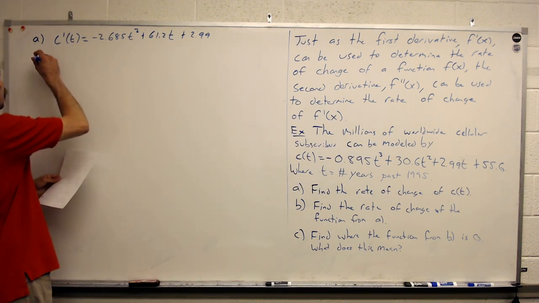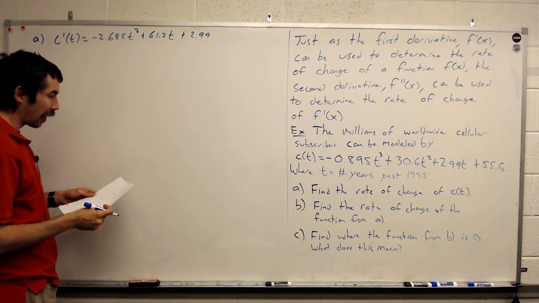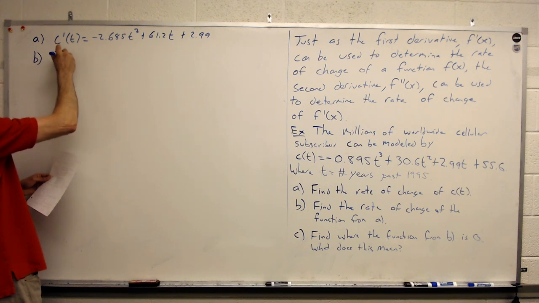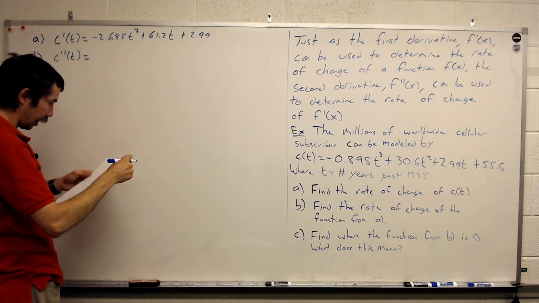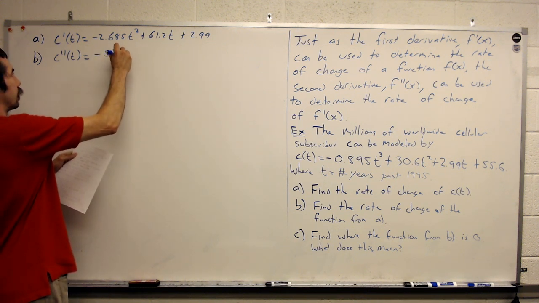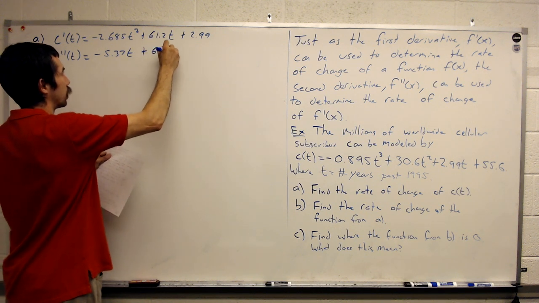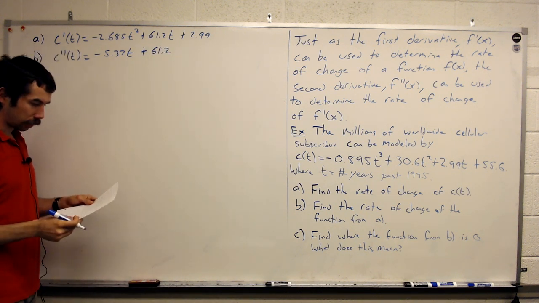All right, so part B, we want to find the rate of change of this function. So we need the derivative of this function, so that's c double prime, and that's negative 5.37t plus 61.2. And we want to find when this is equal to 0.